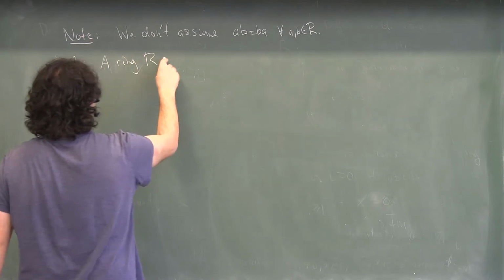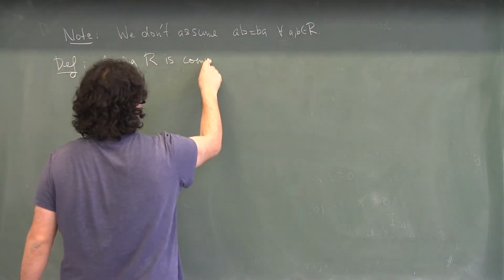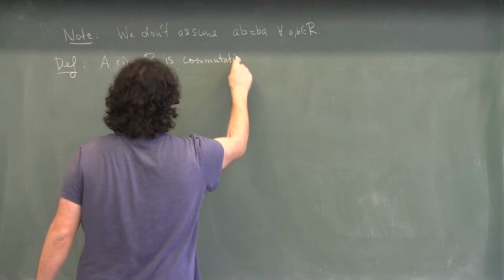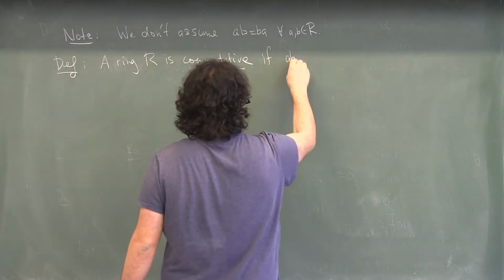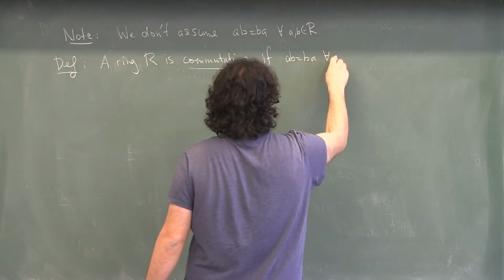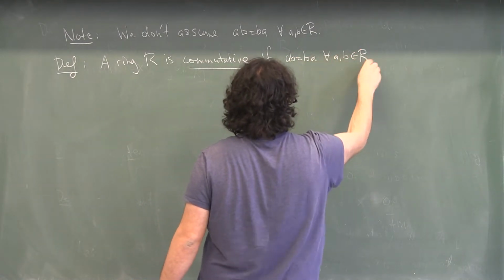A ring R is commutative if AB equals BA for all A, B in R.